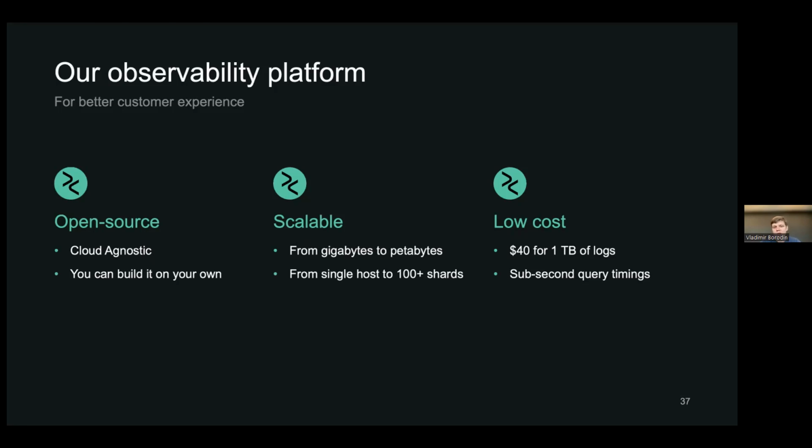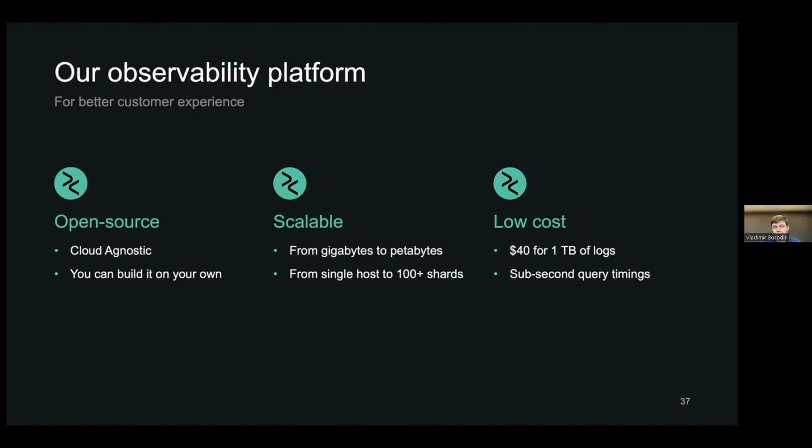In my previous work, we had a ClickHouse cluster with 150 shards, storing several petabytes of already compressed data. So ClickHouse is a really scalable solution. And the main advantage is the cost of the solution. $40 per terabyte of logs is literally more than 10 times cheaper than other ready-to-go solutions.